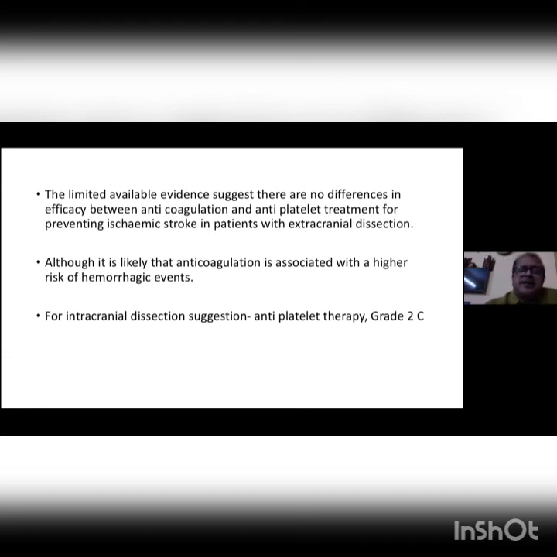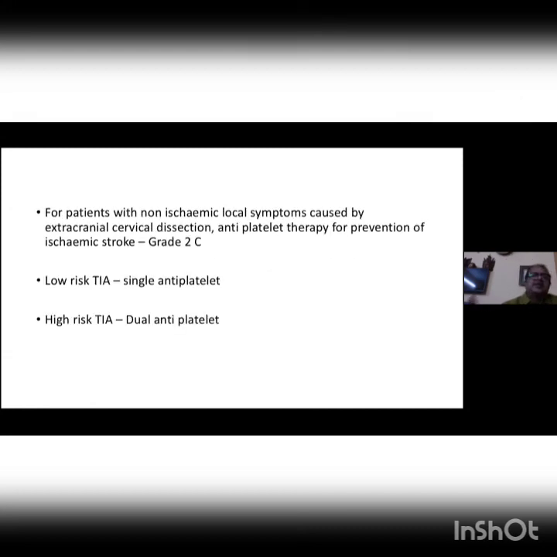For intracranial dissection, if there is no subarachnoid bleed, antiplatelet therapy is the drug of choice, grade 2C evidence. For patients with non-ischemic local symptoms caused by extracranial cervical dissection, antiplatelet therapy for prevention of ischemic stroke is also grade 2C.